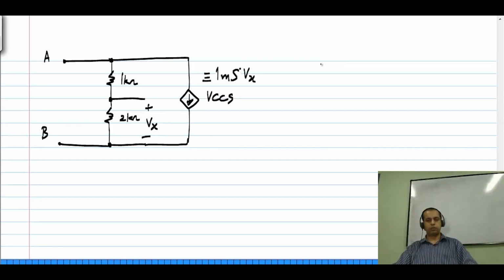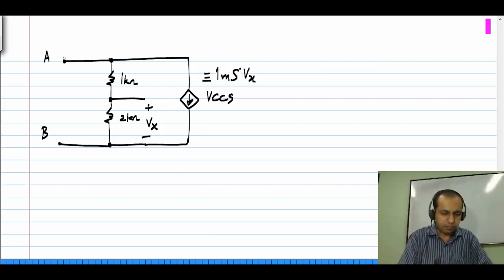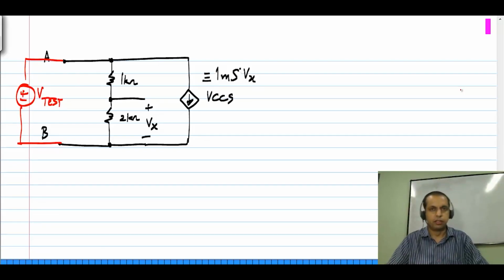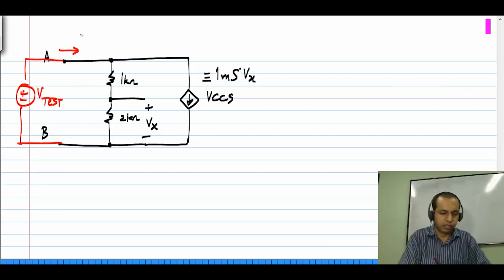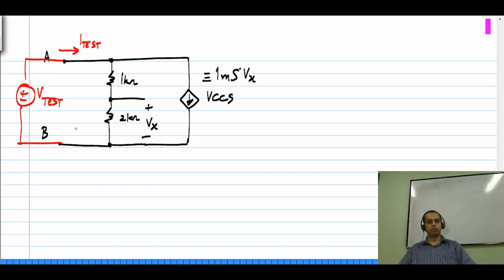And again I ask, what is the equivalent between the nodes A and B? And this is the standard way for finding the equivalent for any circuit. Apply a voltage and find the current. Of course, you could apply a current source and find the voltage. In this case, I'll consider applying a voltage.